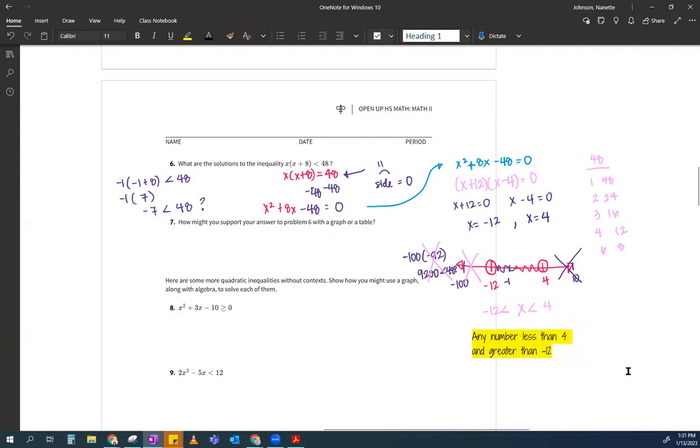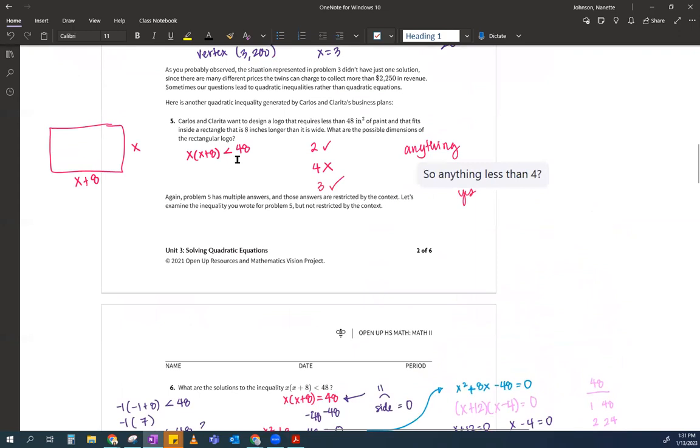Okay. I want to bring it back to this problem right here though. Would you say that they can use any number that's less than 4 and greater than -12? Would you say any number less than 4, greater than -12 for the answer for number 5? Is that what you would say? So remind yourself what X actually means. X means the width of the rectangle.